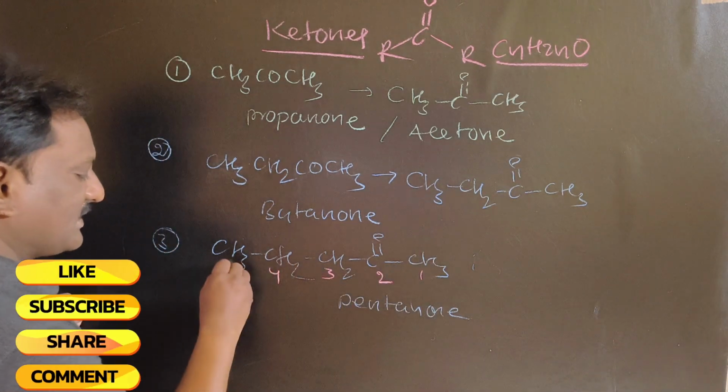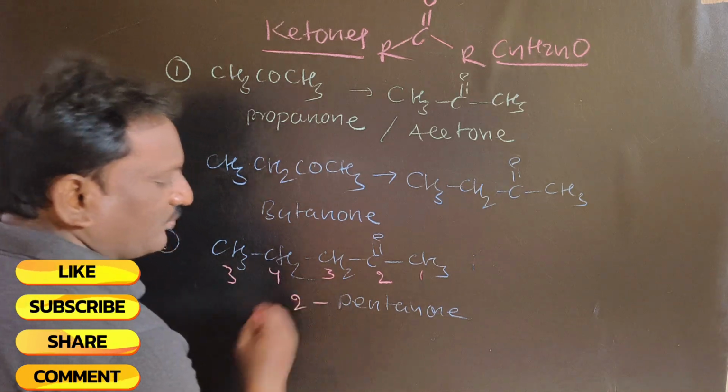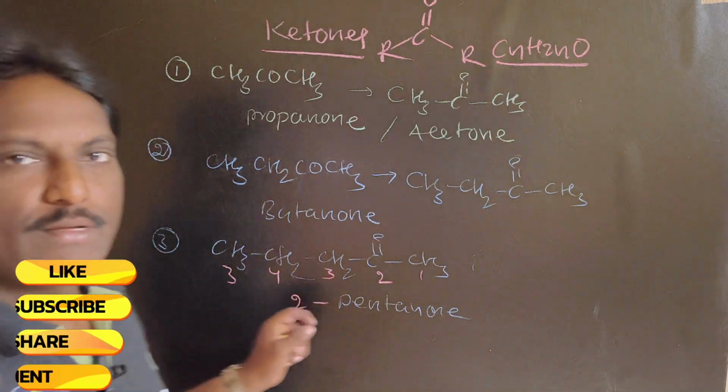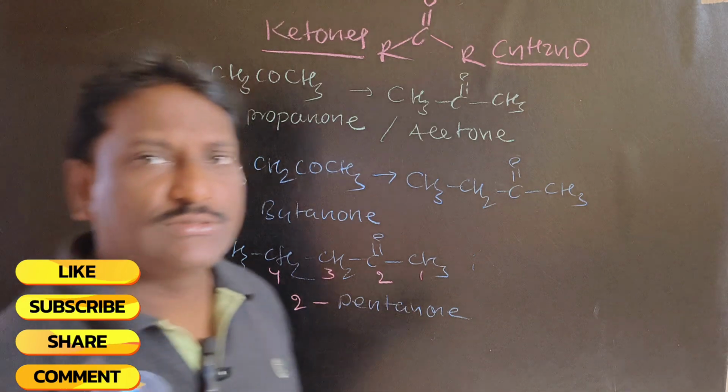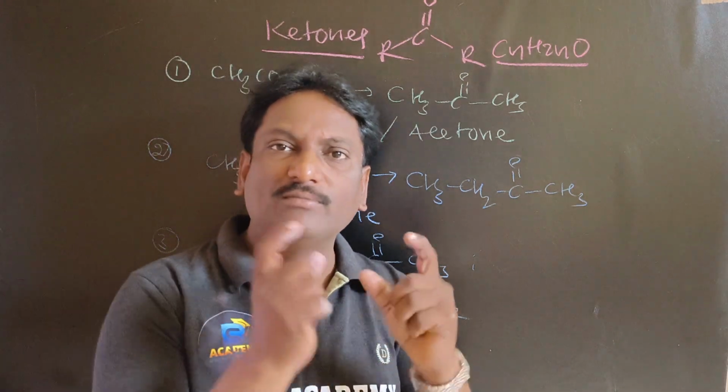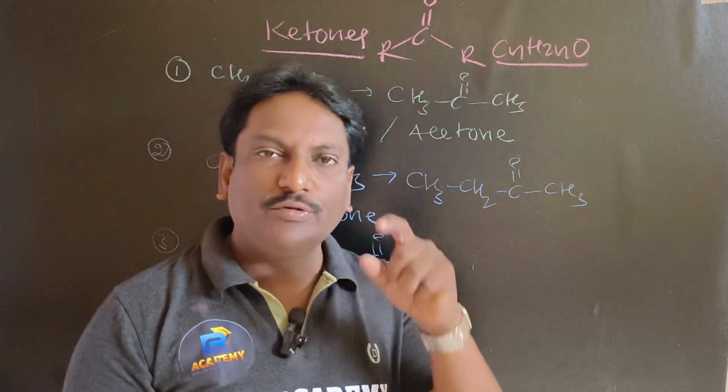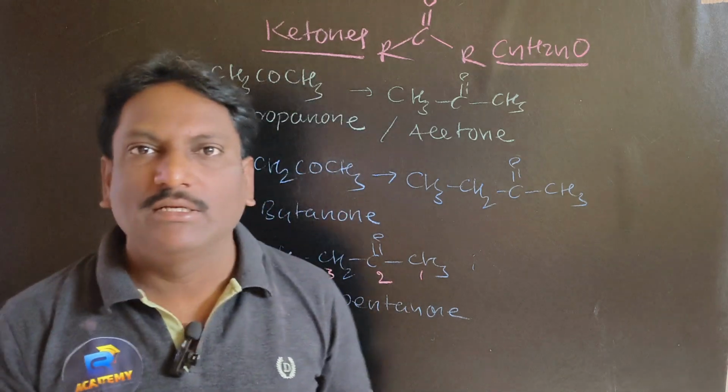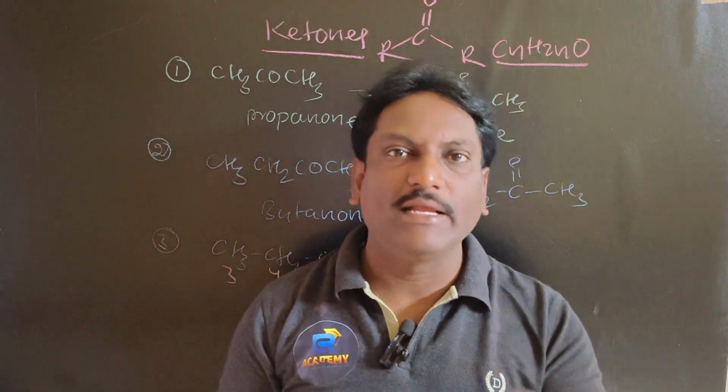So in the case of ketones, numbering starts from 3 carbons onwards. If you want to draw a ketone structure, we require at least 3 carbon atoms.